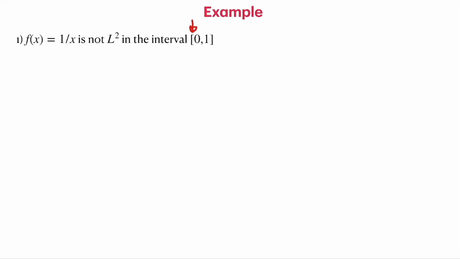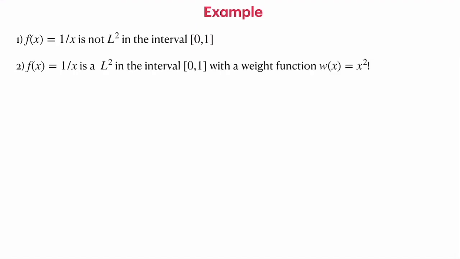So from 0 to 1 in the closed interval, this function is not square integrable. The same function becomes an L2 function in the interval 0 to 1 if we take the weight function w of x to be x squared. So this is where a carefully chosen weight brings in more features of the L2 function.